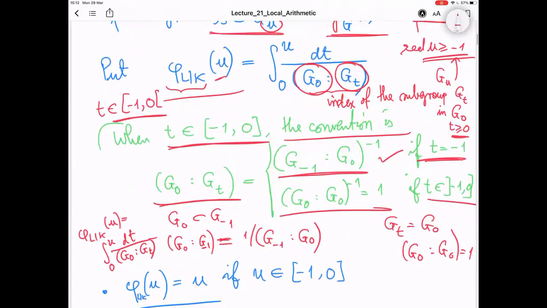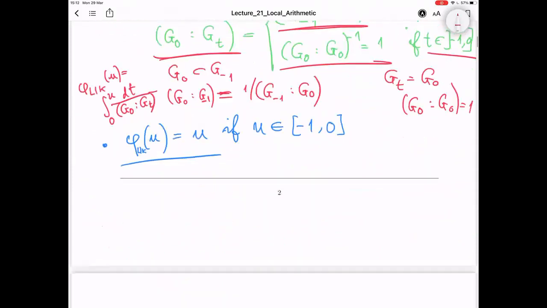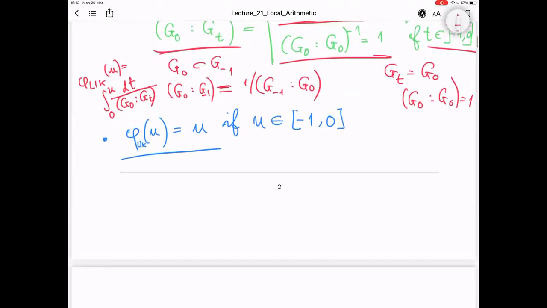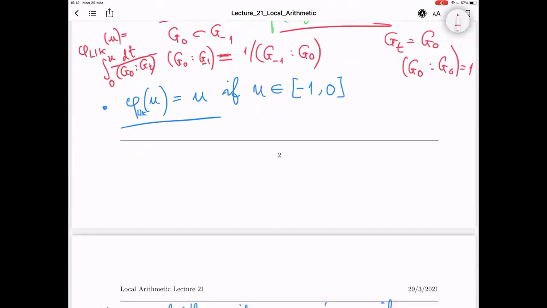By the way, the function which is being integrated is the function T goes to 1 over this index.